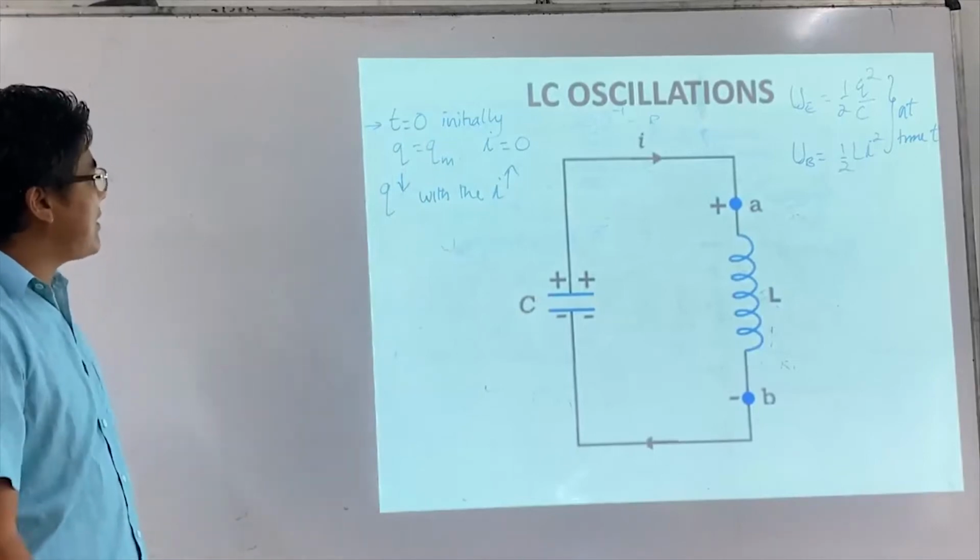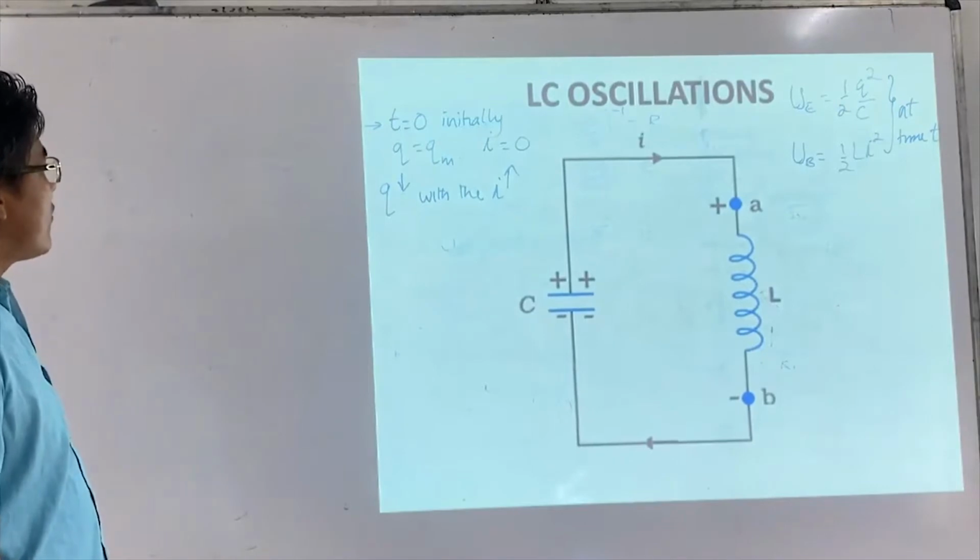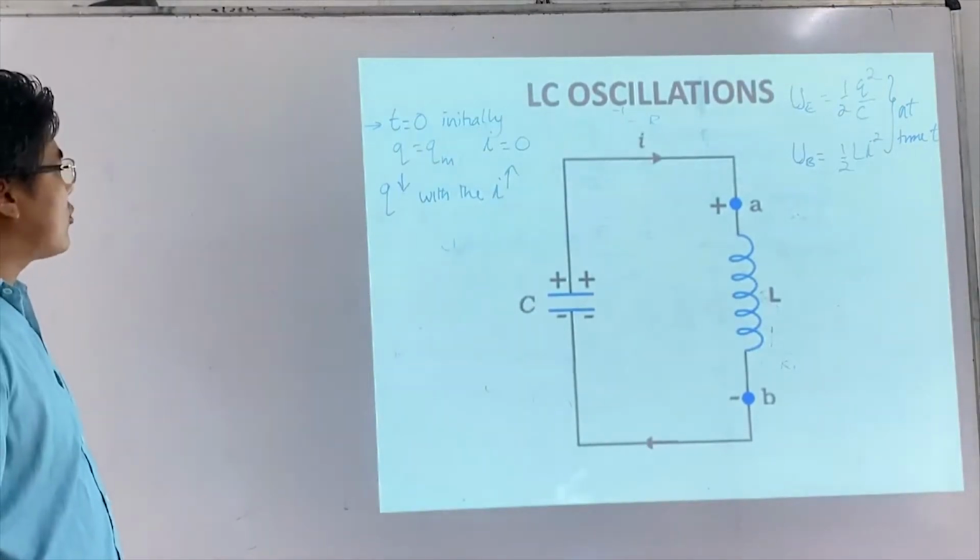So at t equal to 0, initially Q is equal to Qm and I is equal to 0.